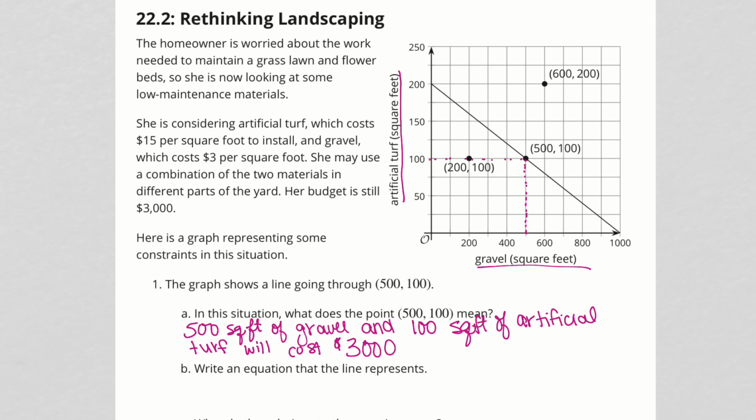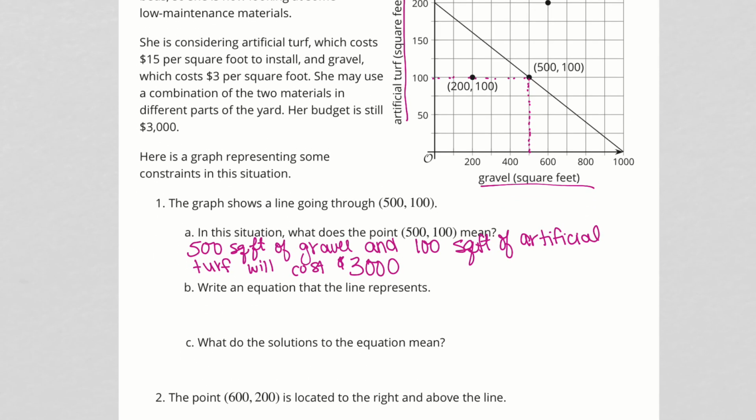All right. Write an equation that the line represents. So we have $3 per square foot of gravel and $15 per square foot of turf.